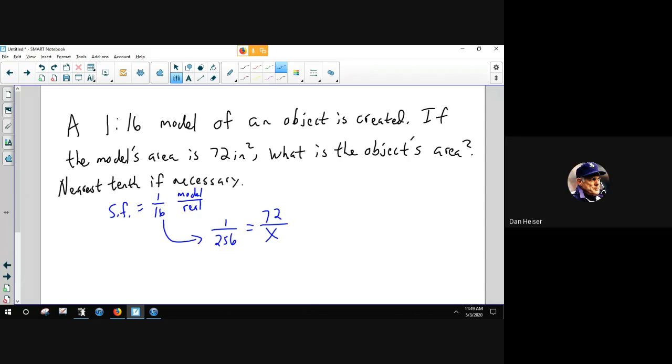And we get that the area of the actual object is 18,432 square inches. When you're dealing with ratios of areas, make sure that if you are dealing with areas here, that you have a squared ratio here. Take the scale factor, square it to find the ratio of areas. Otherwise, you are not setting like things equal to each other.